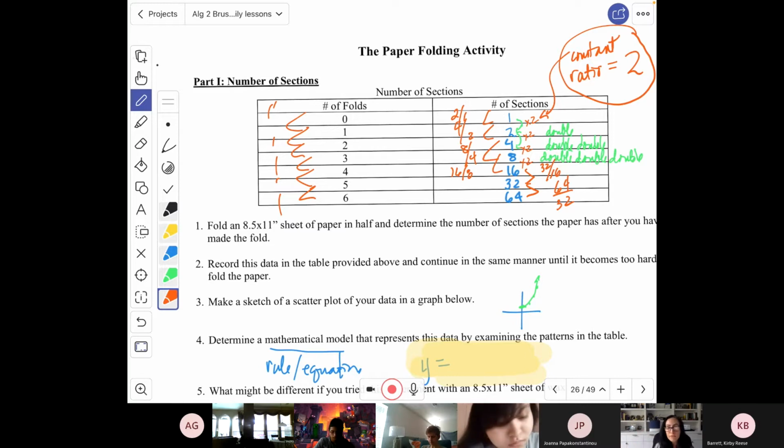Given a table of values, if we have a constant first finite difference, we knew it was linear and how to find the rule. If it was a constant second finite difference, we knew it was quadratic, we knew how to find the rule. If you have a constant ratio, this is cluing you in to another type of function.